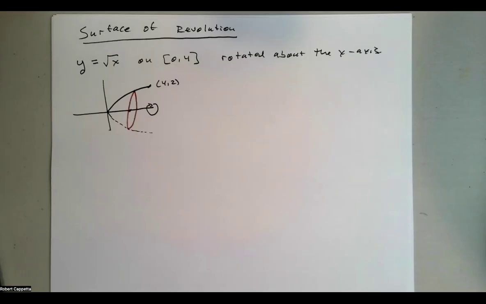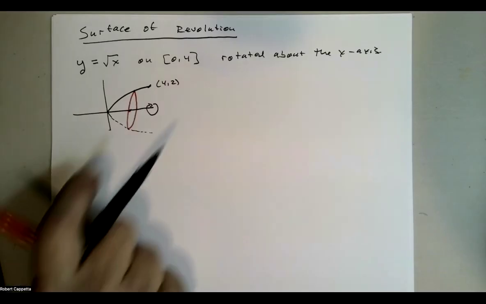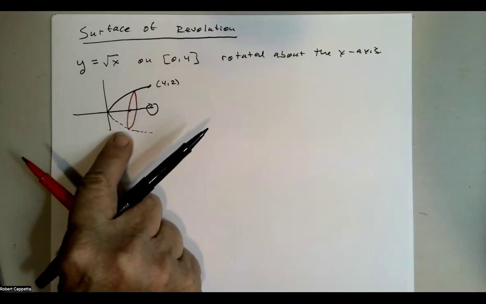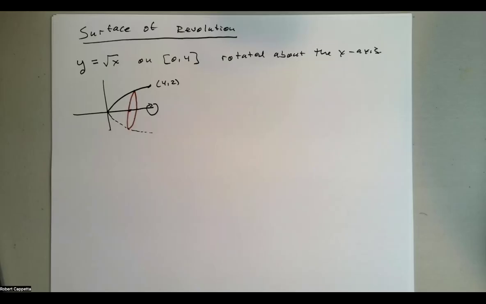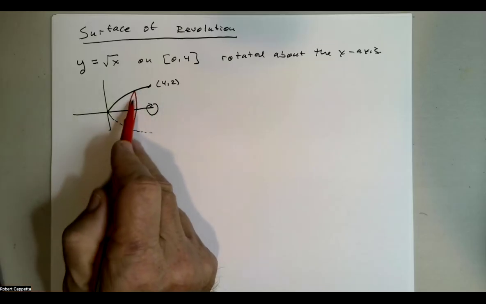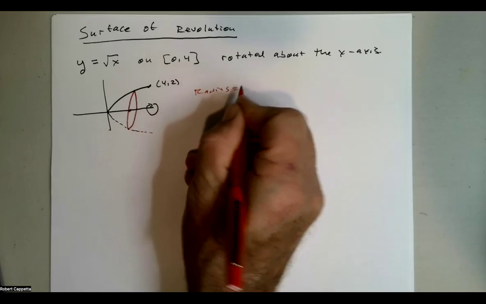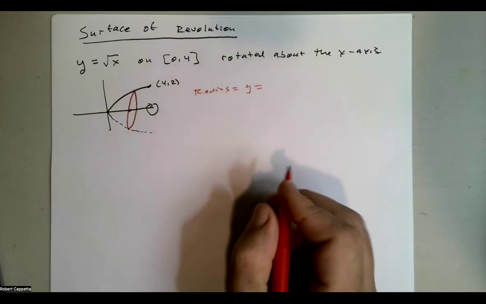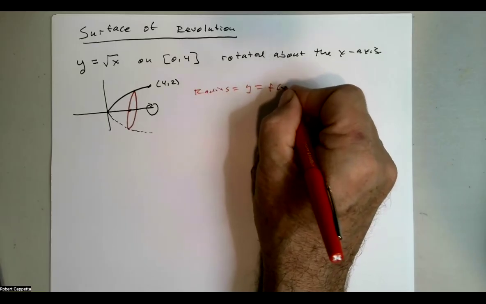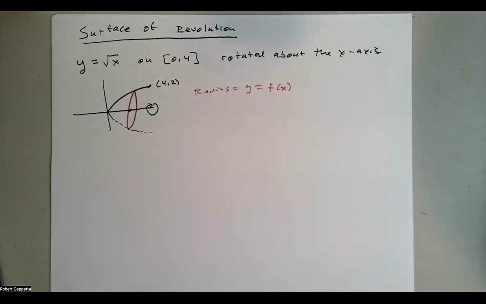So for this red circle, the radius of that red circle is the y value, which in our case here is f of x. So the radius is f of x.